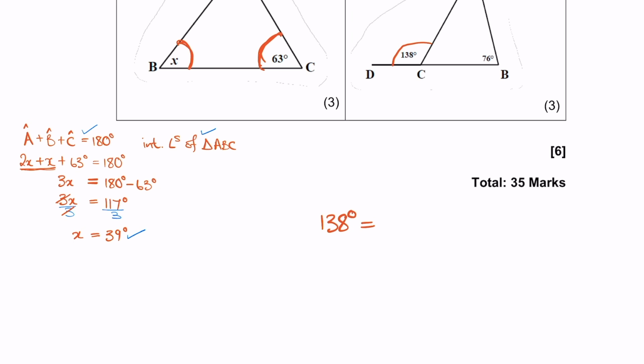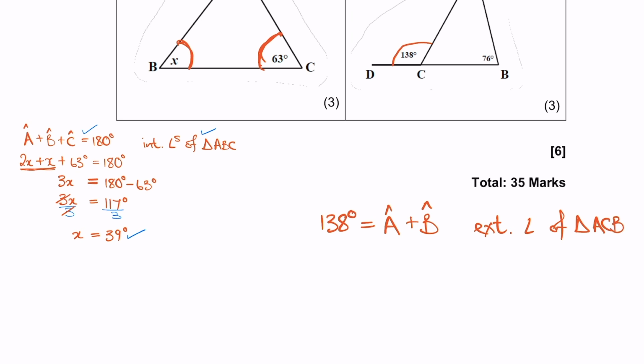Well, what are the opposite two interior angles? It's angle A, plus angle B. That's what the property says. And the reason is exterior angle of triangle ACB, doesn't matter in this case.